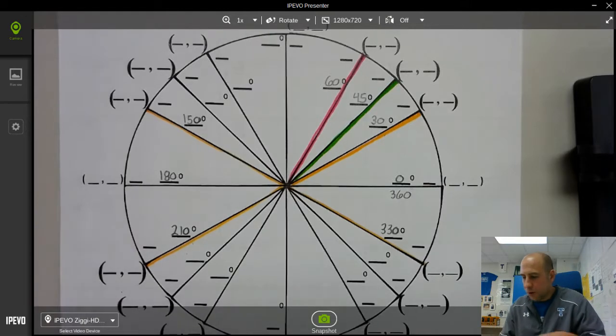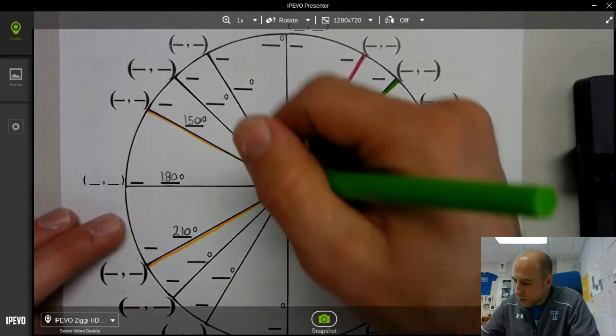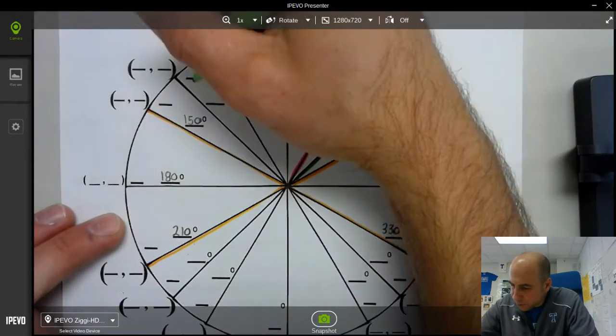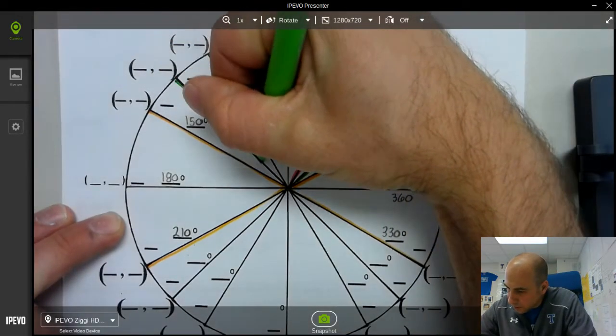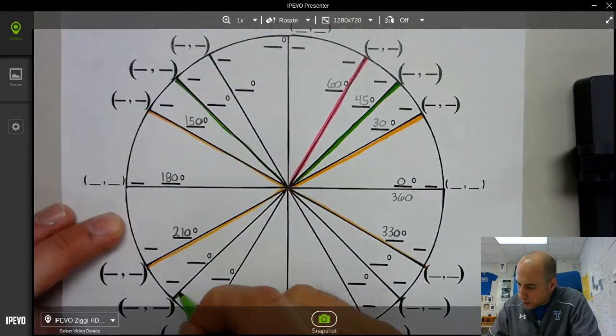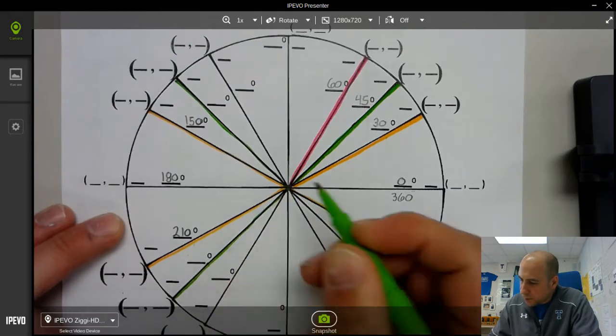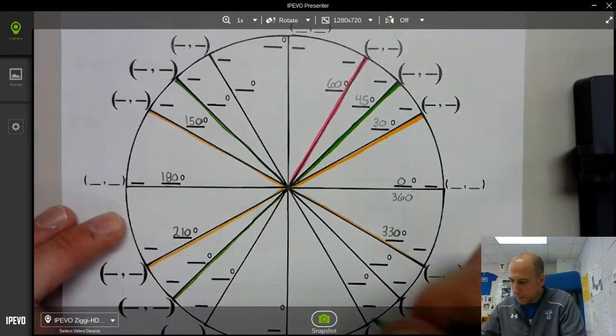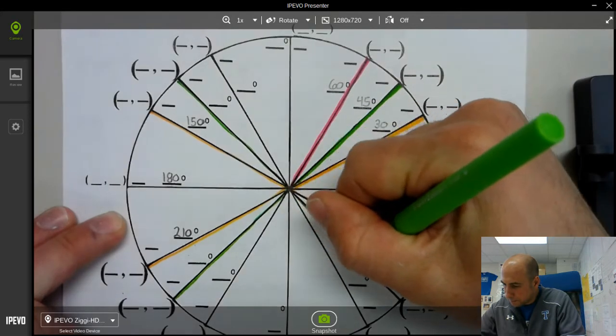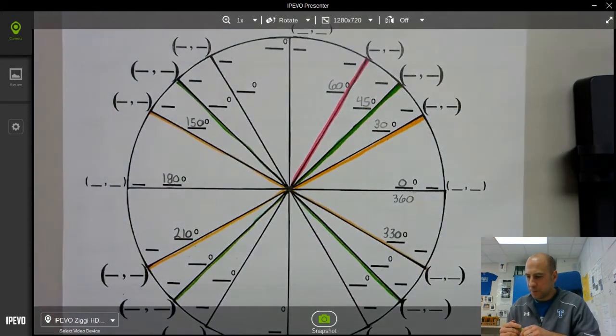All right, so now we're going to bow tie 45. So that is here. You notice it's making a bow tie. So in this case, our reference angle is 45 degrees.